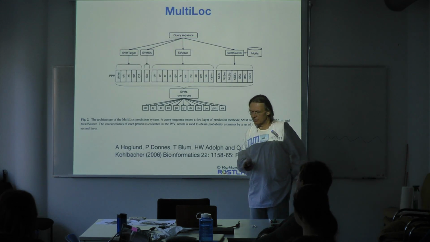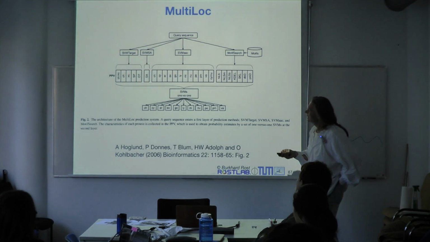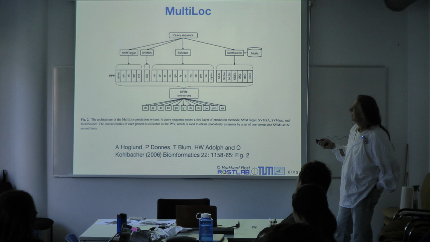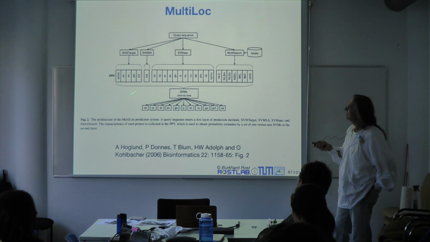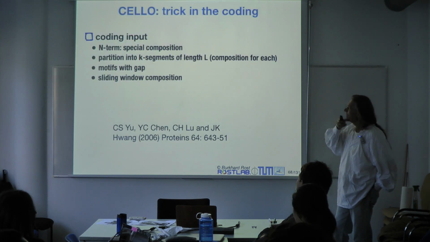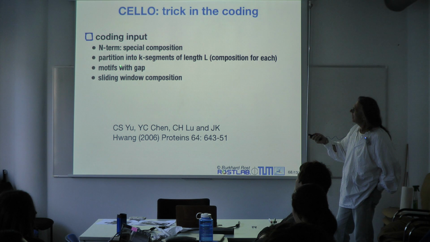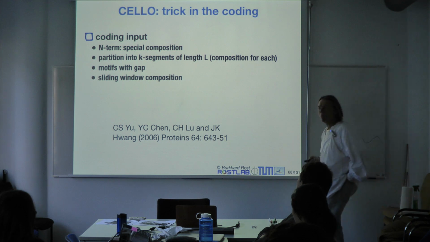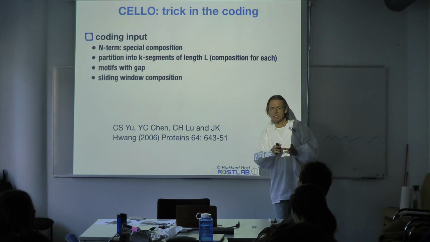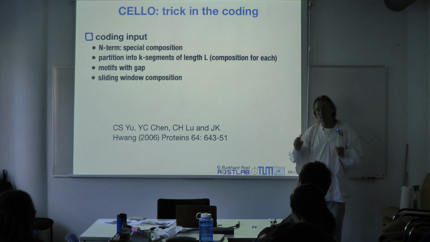And then there's an extension that does multi-log, essentially it's the same thing, in a slightly different way of sort of splitting the combination of a machine learning. CELLO, the idea here really is in the coding. This is a k segment of length, it's not a k mer. So essentially you're sort of skipping parts in between.